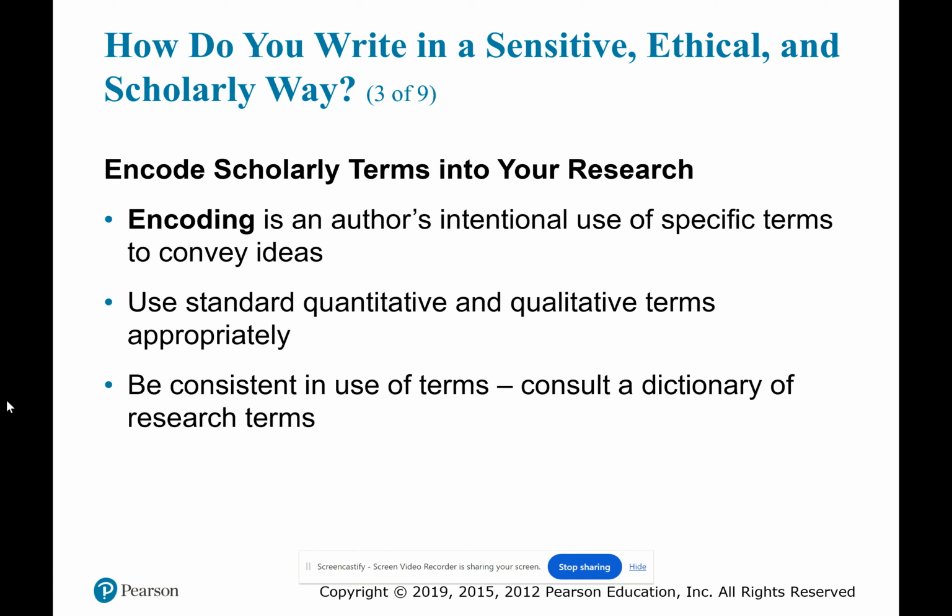You want to make sure that you understand the terminology of the process that you're conducting. Otherwise, they're going to see that you didn't understand it right. And there are actually dictionaries, and your book talks about this, and I would like to get my hands on one.